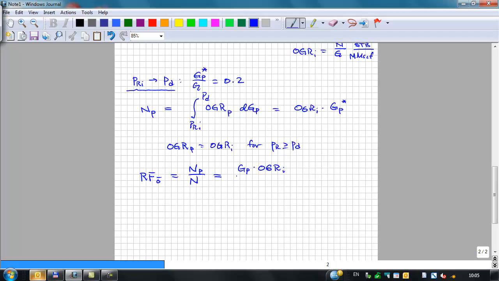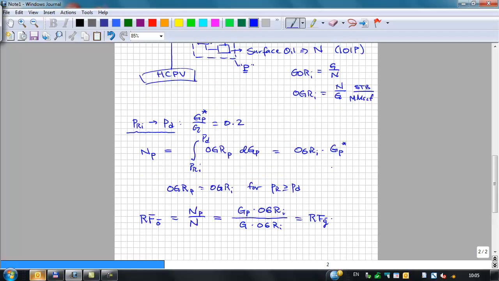But what is the initial oil in place? It's G times OGRI, right? So that means it is the recovery factor of gas times 1, or it's just the same as the recovery factor of gas. Is it clear?